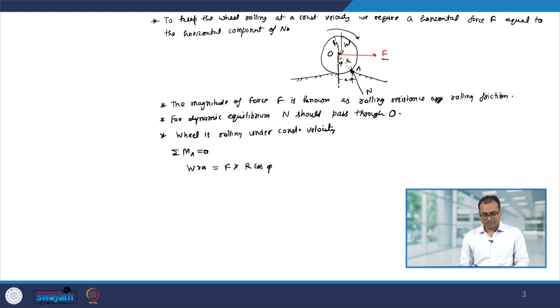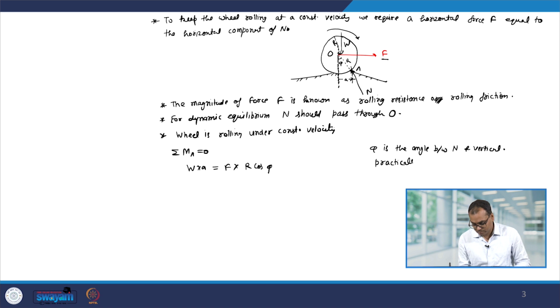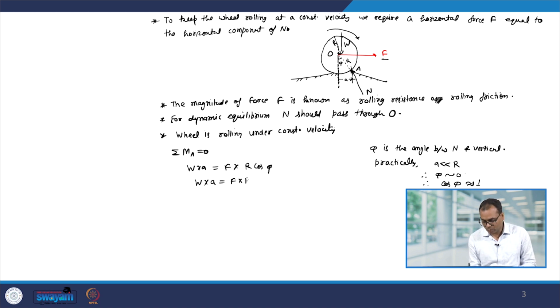Now, note that phi is the angle between N and vertical, and practically this a is much smaller than R, therefore, phi can be assumed to be 0 degrees, therefore, cos phi is almost equal to 1. So, we get W times a equals F times R.